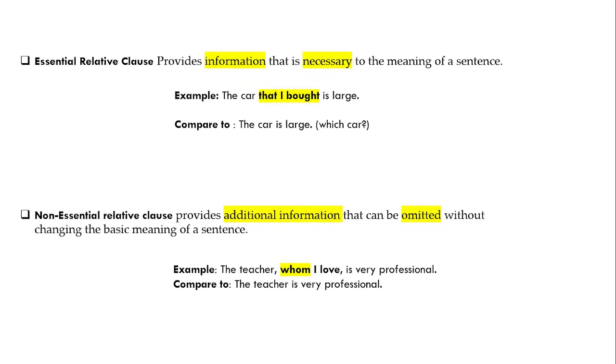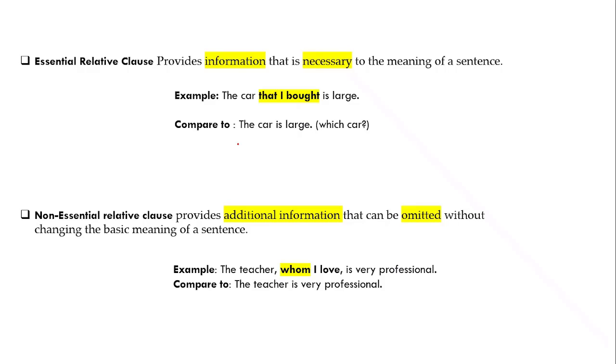So, from its name, essential relative clause means that it adds necessary information. For example, the car that I bought, and not any other car. If we take this clause away, it would be the car is large. So, which car? We don't know.